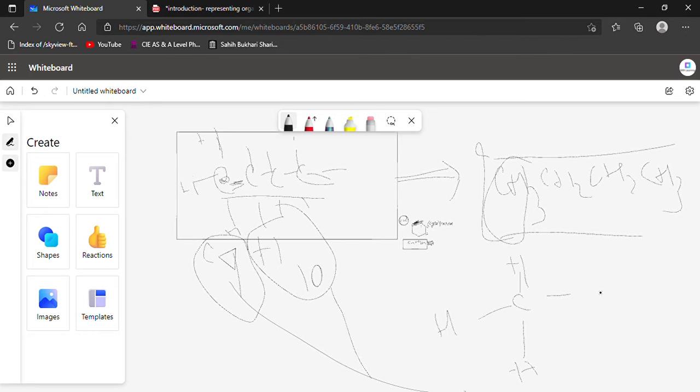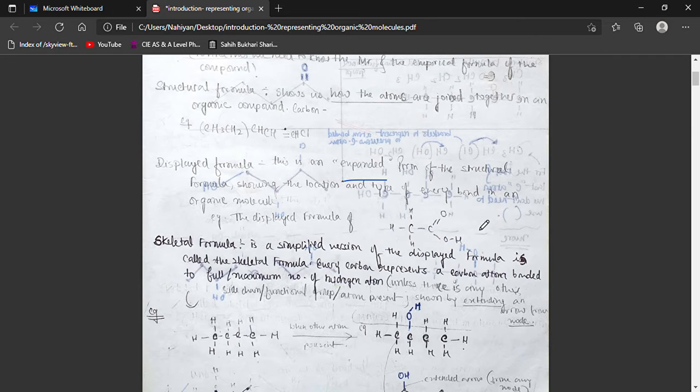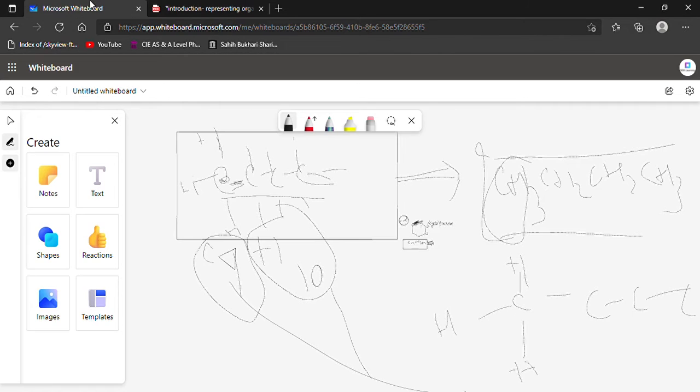You can visualize it in a better way. It is a formula showing the location and the type of every bond. Moreover, you can also focus on the bonds in an organic molecule. So these are the three.